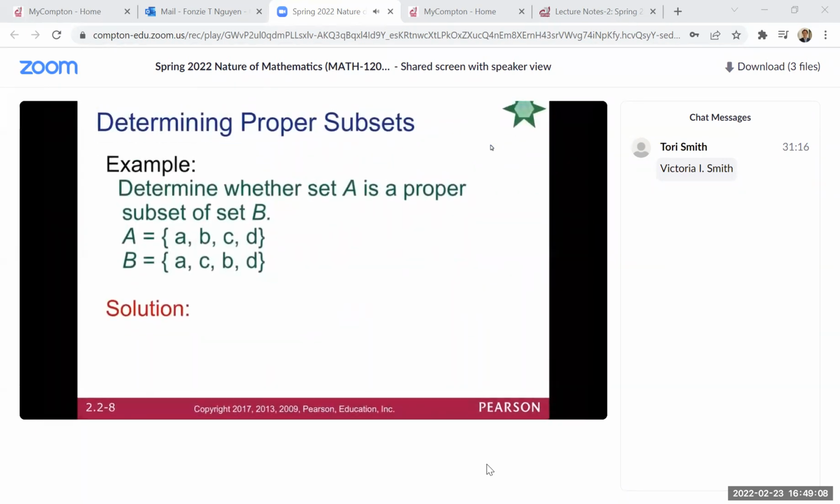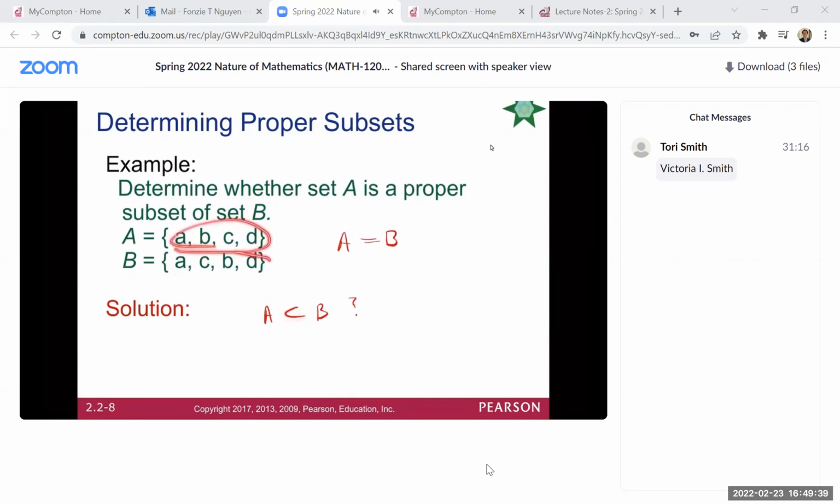Determine whether set A is a proper subset of B. Is A a proper subset of B this time? I think it's equal. Yeah, they're equal, right? If it's equal, it's not proper because the letters are not in the same order. No, it doesn't matter that they're not in the same order. For it to be proper, it cannot be equal because it doesn't have the line underneath.